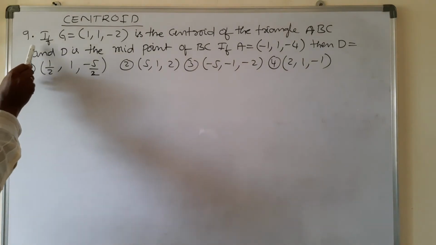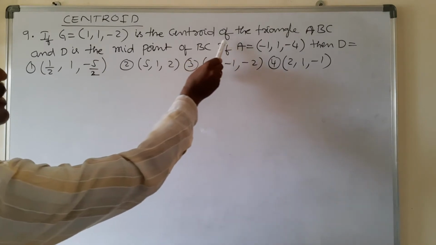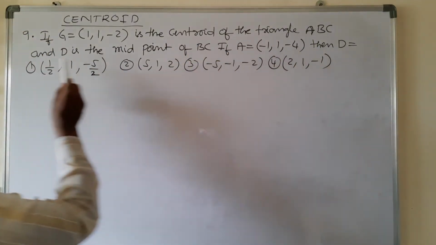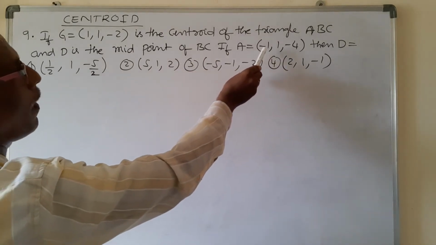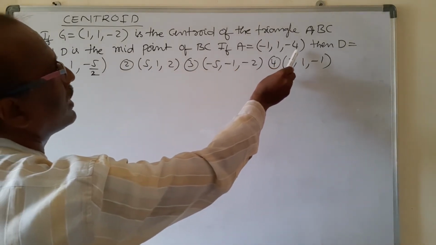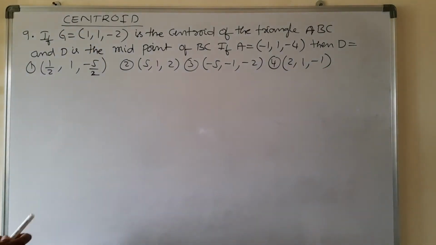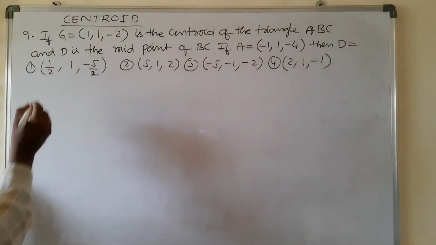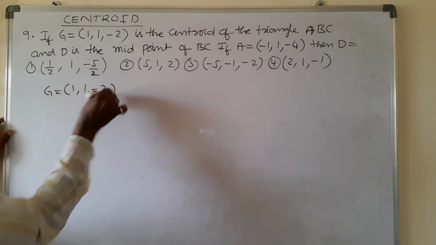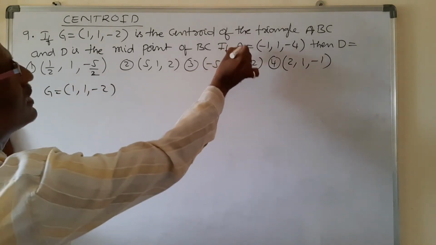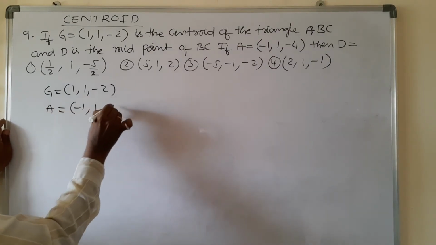Question number 9. If G equal to (1, 1, minus 2) is the centroid of the triangle ABC and D is the midpoint of BC, if capital A equal to (minus 1, minus 4), then D equals, here the four options are given. Here the centroid G is given. In the triangle, one vertex is given, A equal to (minus 1, minus 4).